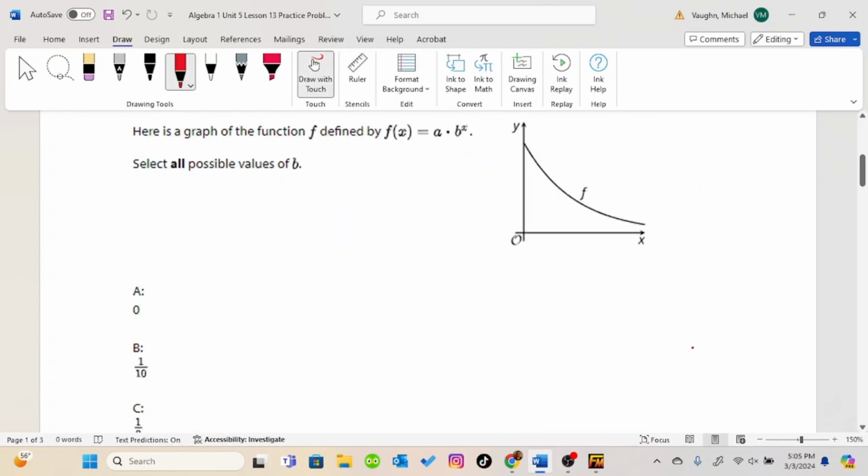Here's a graph of the function f defined by f of x equals a times b to the power of x. Select all possible values of b. So first, we need to remember b is the growth factor. The graph shows that this is decreasing.